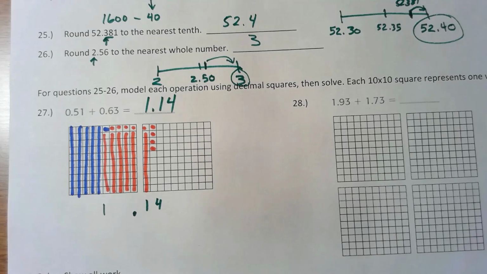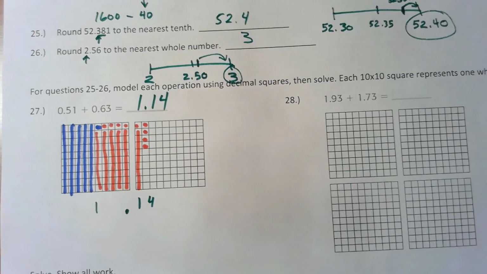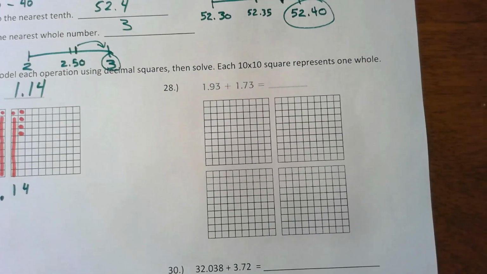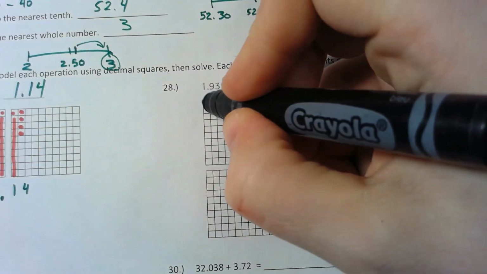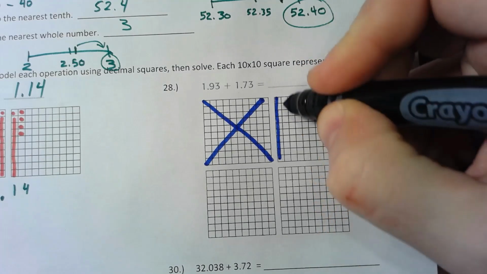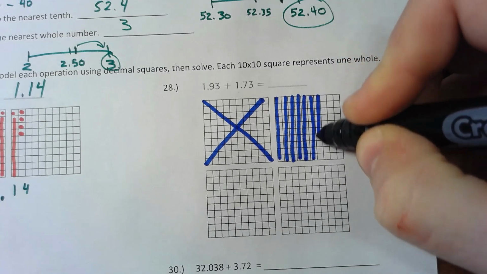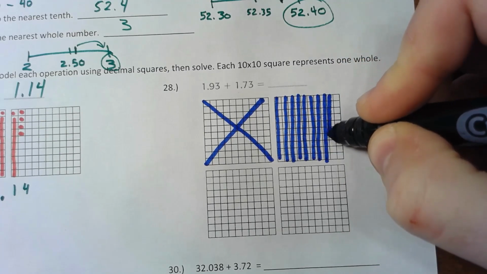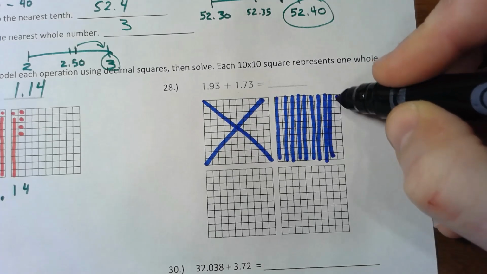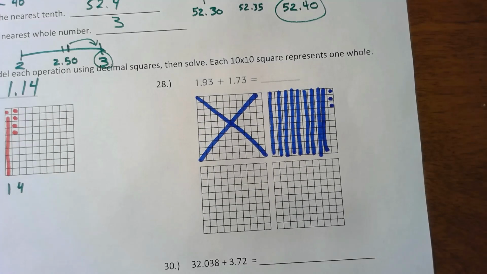On question 28, we're going to do 1 and 93 hundredths plus 1 and 73 hundredths. So I'm going to go ahead and start shading 1 whole. I'm just going to X this out. There's 1 whole. 93 hundredths is going to be 1, 2, 3, 4, 5, 6, 7, 8, 9, and 3 hundredths. 1, 2, 3. And now I need 1 and 73 hundredths.